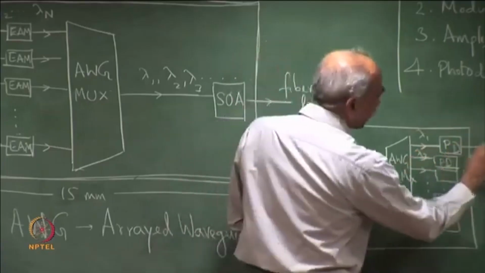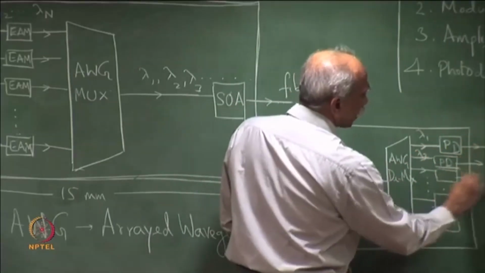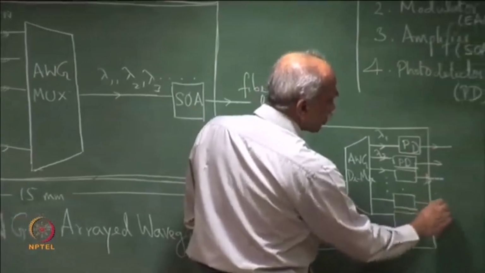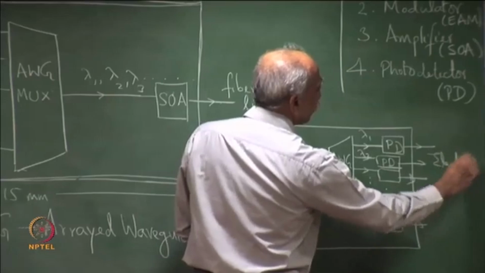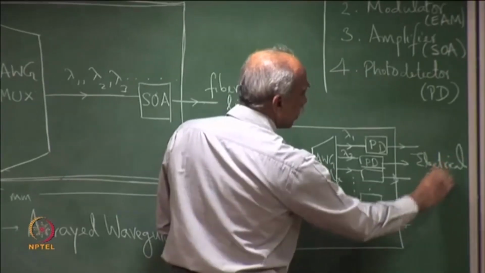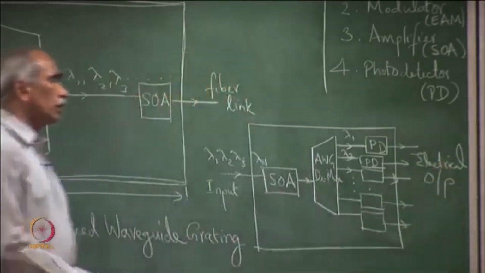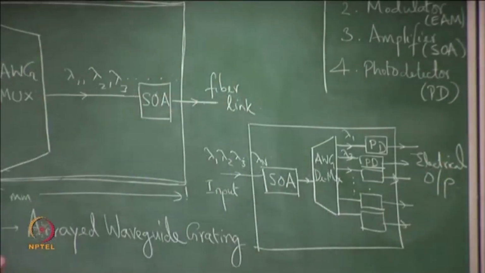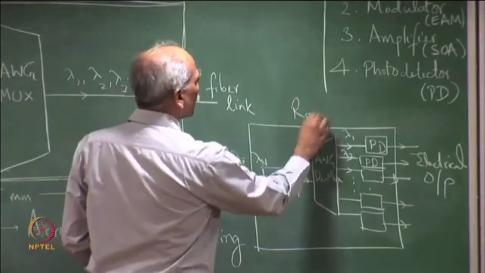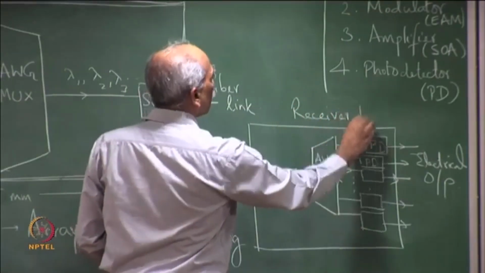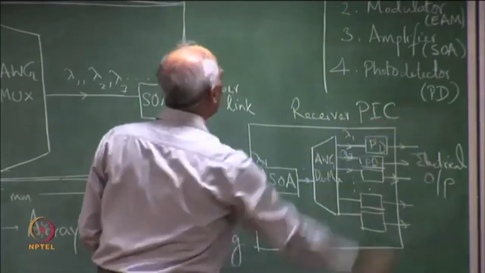The output of the photodetector of course will be electrical here. This goes to further electronic circuitry. So, electrical output for further processing. So, this is a receiver PIC or PIC receiver.